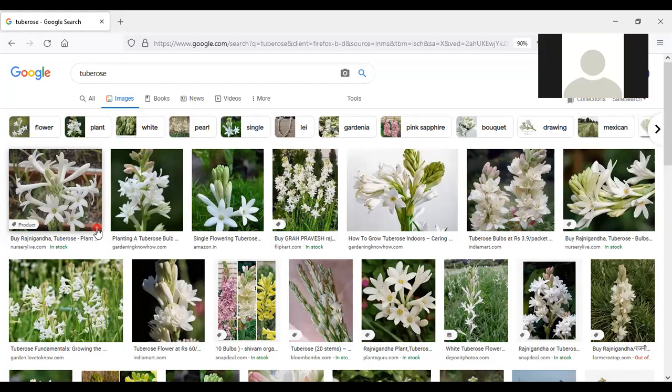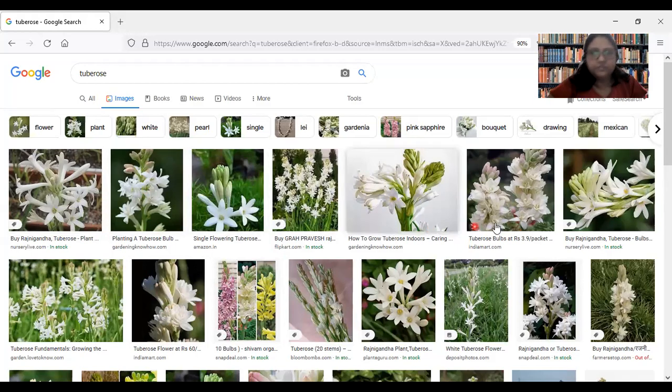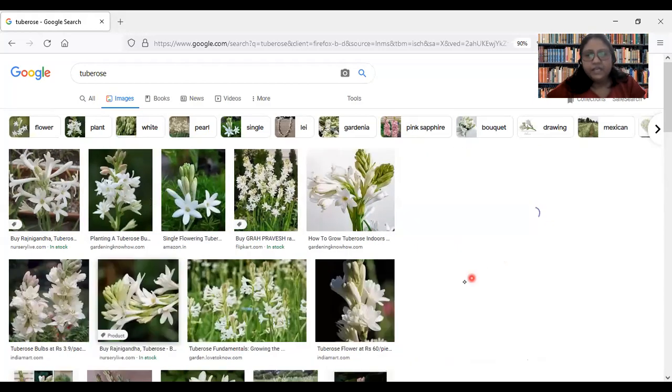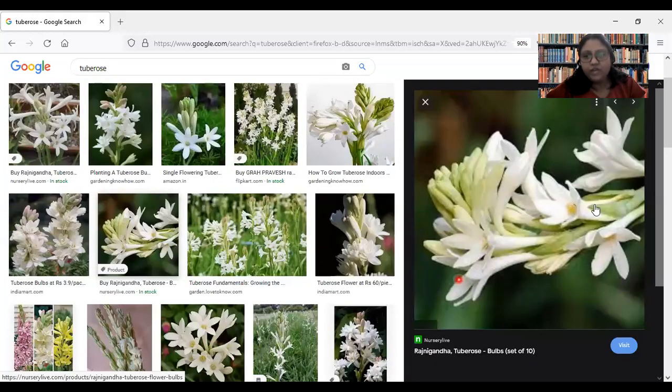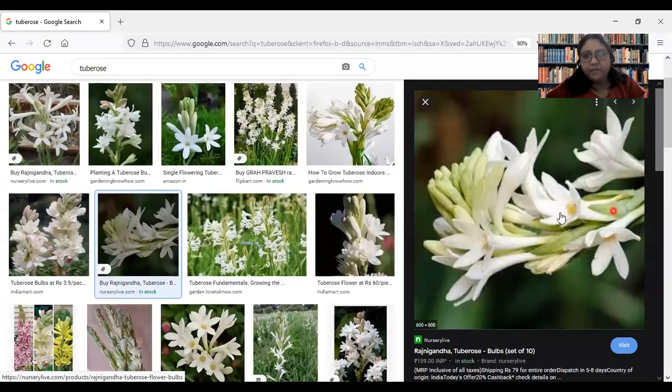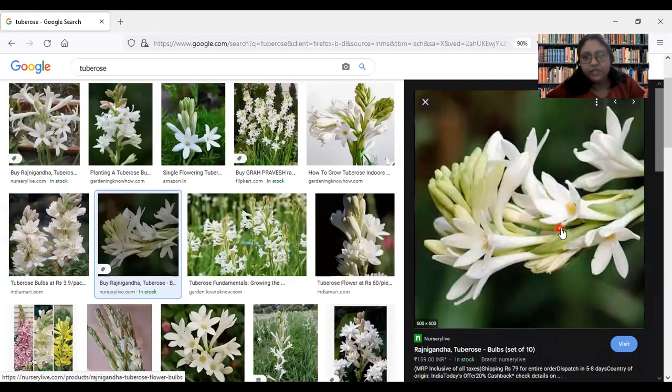So if you look into this plant, you will have a typical thing that you can observe over here. In case of this plant, they don't have sepal separately and petal separately. You can see here this green part is sepal and it is white in color. There is no separate part as petal and sepal.